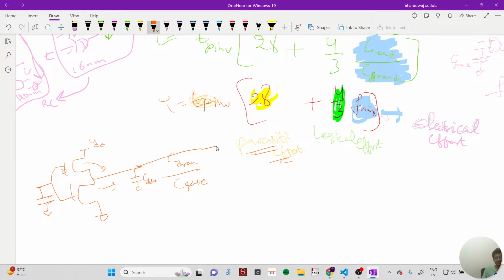So we are not driving any load cap here. These are intrinsic. So this will be parasitic effort, and this is electrical effort. Fan out can also be called fan. 4 by 3 is logical effort.